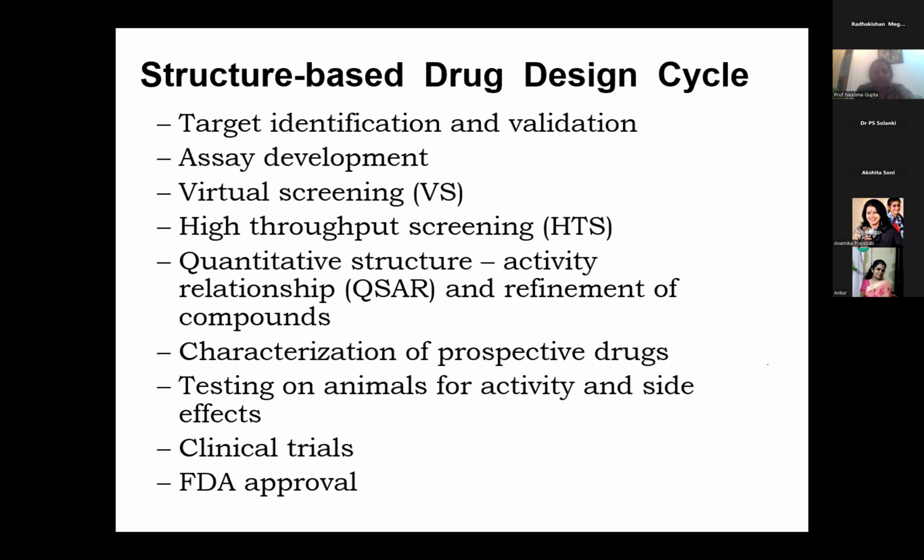The structure-based drug design cycle can be divided into the following chain of events: target identification and validation, then assay development, virtual screening, then high throughput screening, quantitative structure activity relationship, QSAR, refinement of compounds, characterization of prospective drugs, testing on animals, later on clinical trials, and FDA approval.